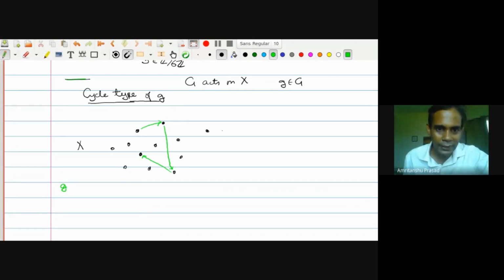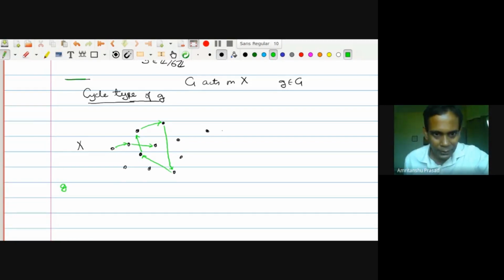Because there are only finitely many points, I have to come back somewhere. I won't give the detailed proof; the detailed argument for this is in the book, in the notes. So what will happen is that this set will break up; you just see what g does.